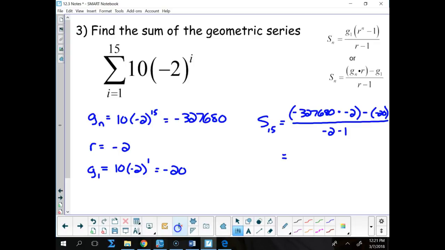That gives me 655360 plus 20 all over negative 3. Divided by negative 3, I get a sum of negative 218,460.